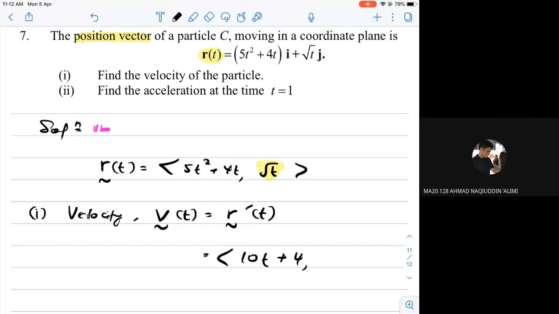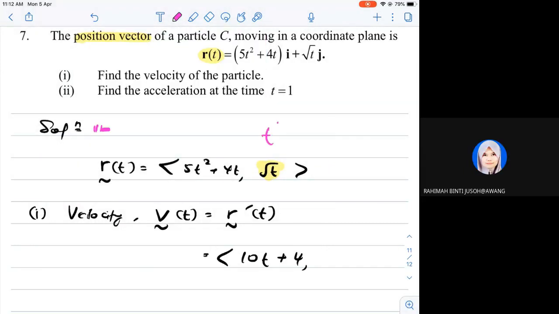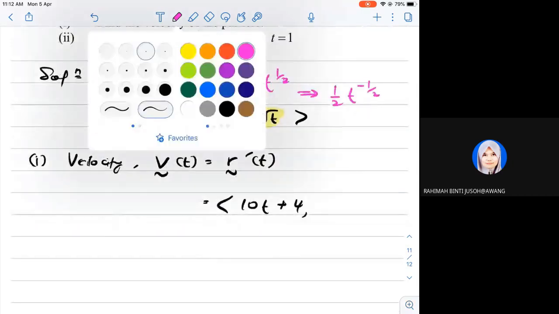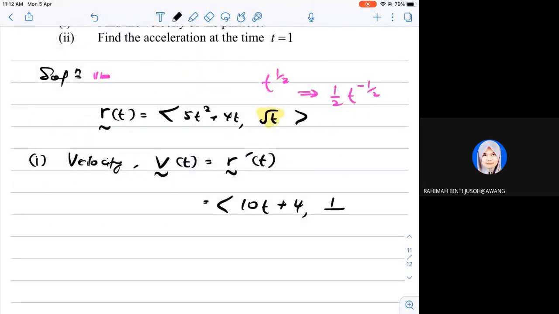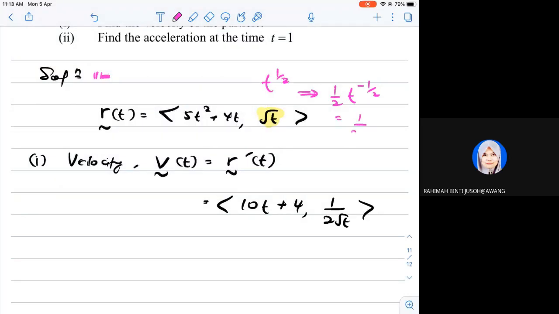Ni differentiate yang ni dapat apa guys? 1 over 2 T to the power of negative 1 over 2. Okay, very good. Well done. So we will have 1 over 2 square root of T kat bawah macam ni. Isn't it? Betul tak? Kalau you bawa ke bawah, 1 per 2 T kuasa negatif 1 per 2, so sama dengan 1 per 2 square root T lah.